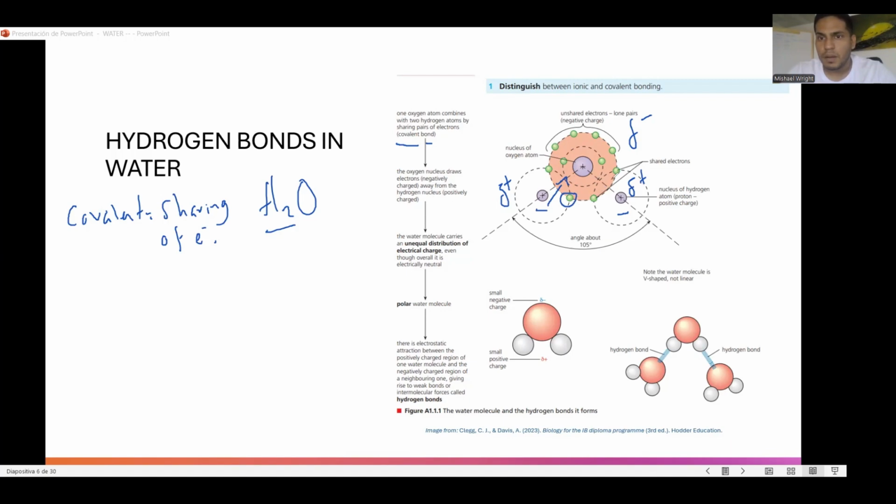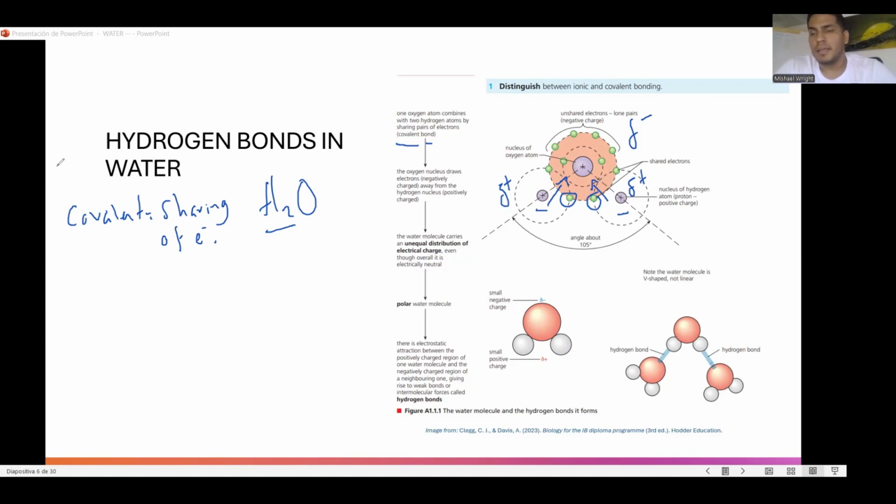Same would happen in this case. So this electron will be attracted by the oxygen. If you check your periodic table, the oxygen's electronegativity value is higher than the hydrogen.